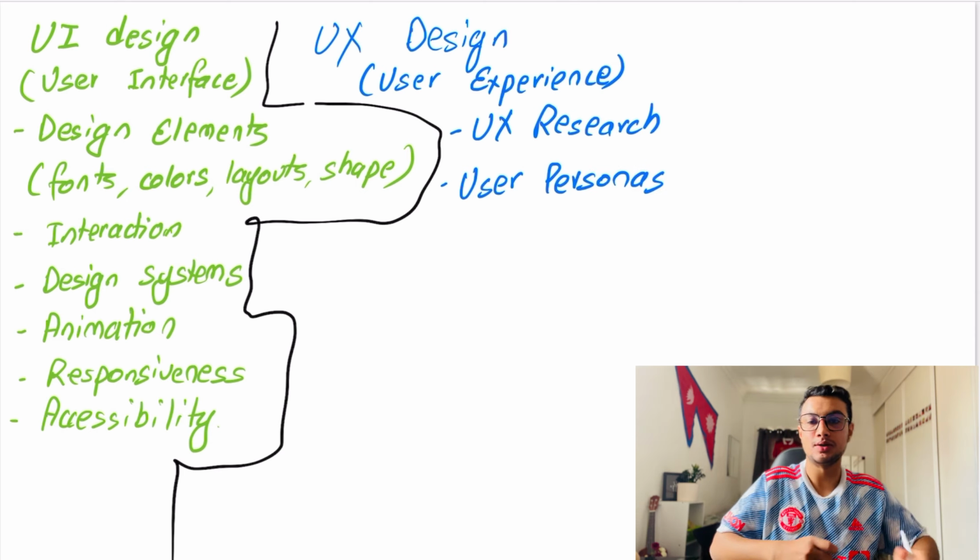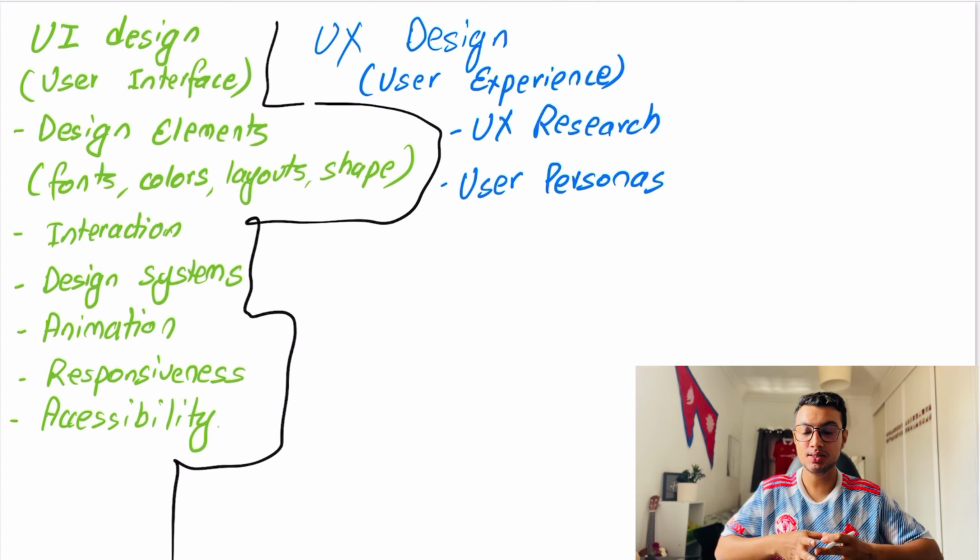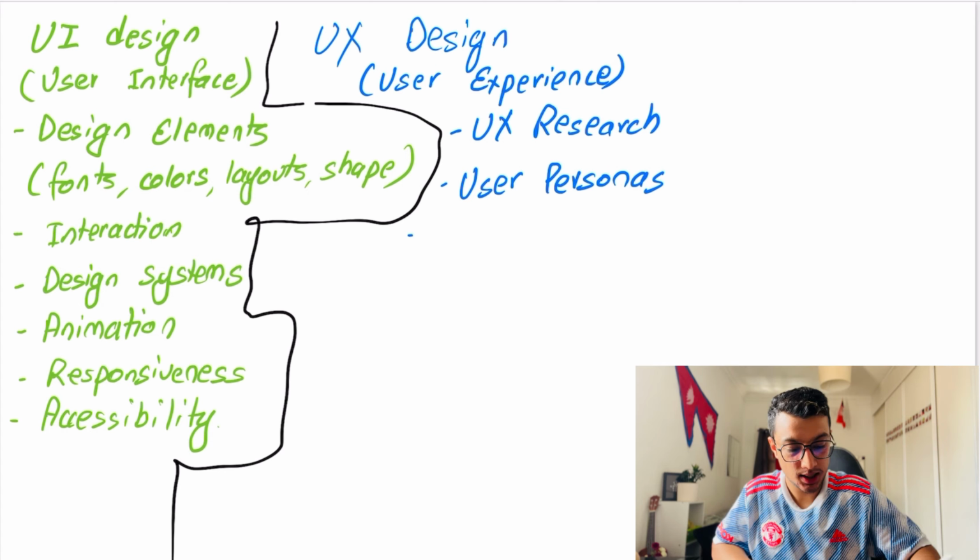User personas भनेको चाहिँ they are fake or sample users that basically represent your whole target audience to understand their behavior, their requirements, their pain points, and everything related to users. And another thing is user flows.